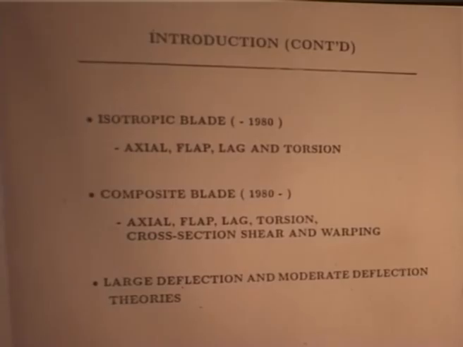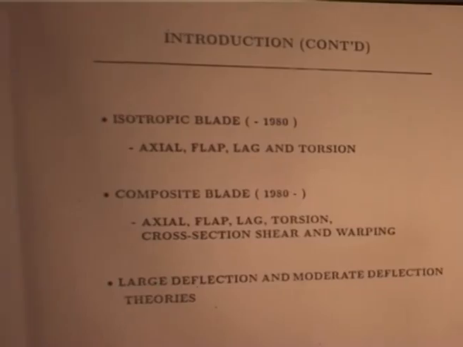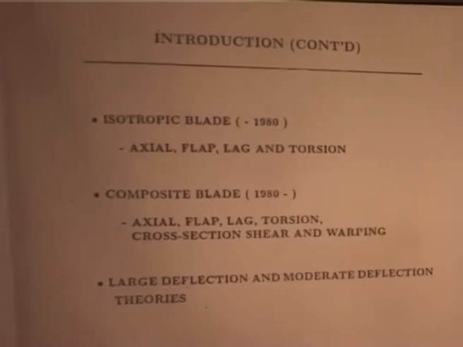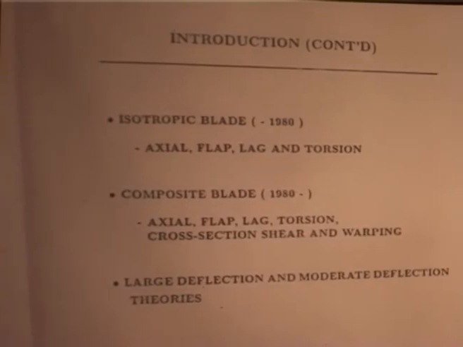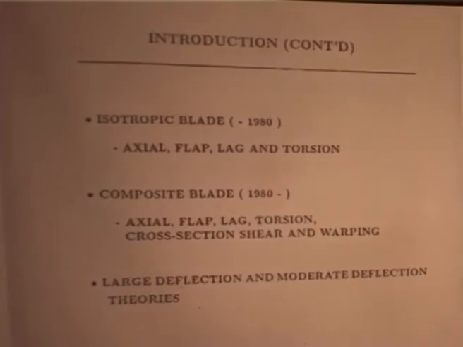So, again after 1980, composite blade formulation, then what are the various things you have to consider? Is there anything extra? Suppose you have one general formulation which fits into everything, then it is beautiful.